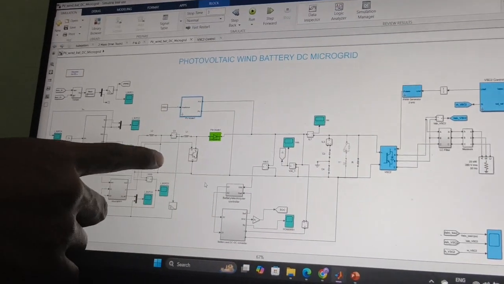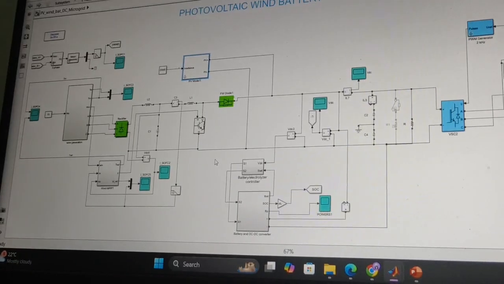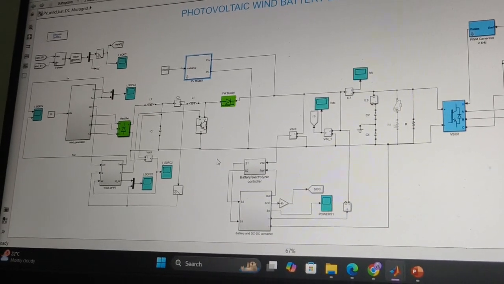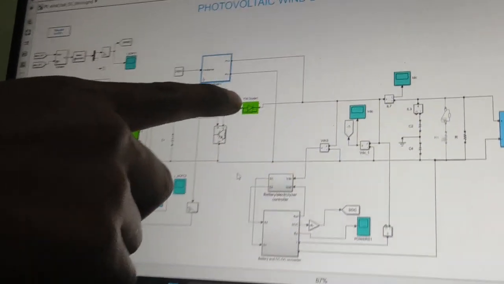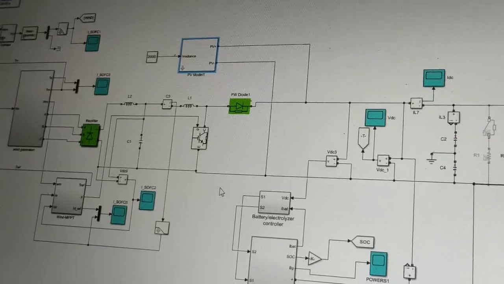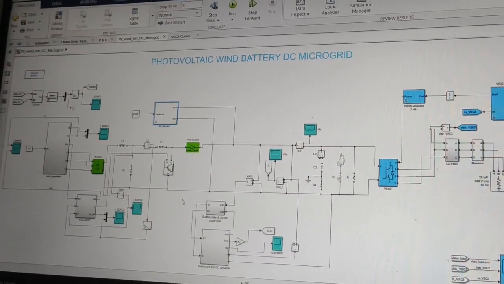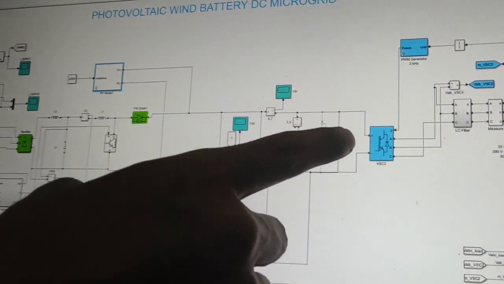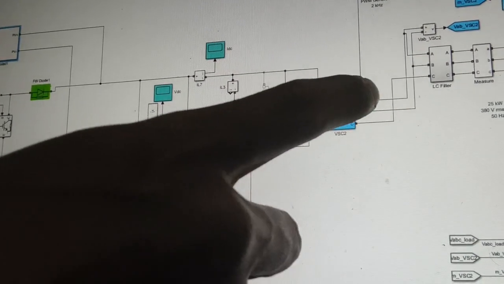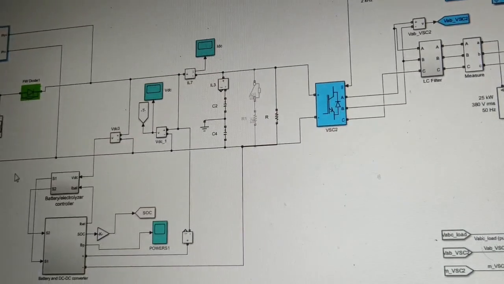From the DC bus, you can observe the inductors and capacitors, and we are using a freewheeling diode for good flow. We also get a DC boost, and here we have the DC output.